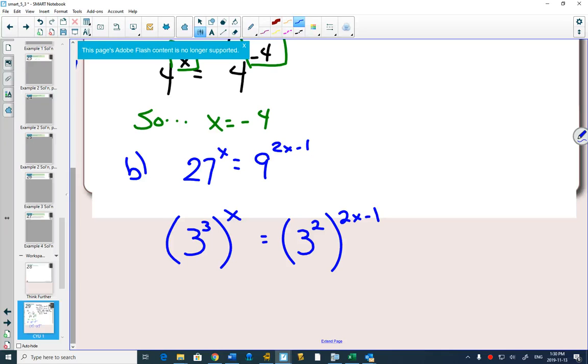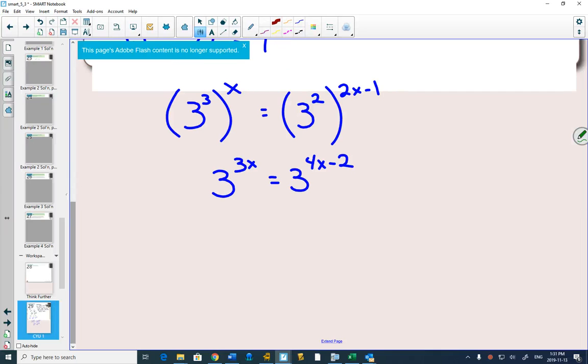What's your exponent law for a power to a power? You multiply. So this side becomes 3 to the 3x. This side becomes 3 to the 4x minus 2. So again, we need to know our exponent laws well, because now I've written both sides of the equation with the same base.